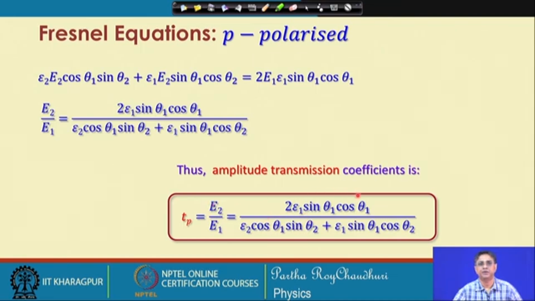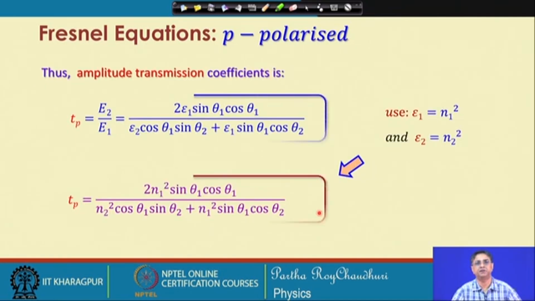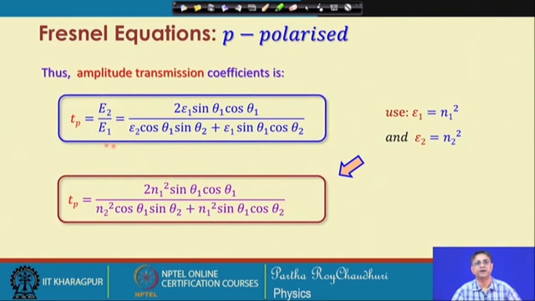So, we end up with this expression, which is in terms of the permittivity constants, and this Tp can be written in terms of the refractive indices in the same way as we have done in the case of the reflection amplitude coefficient.